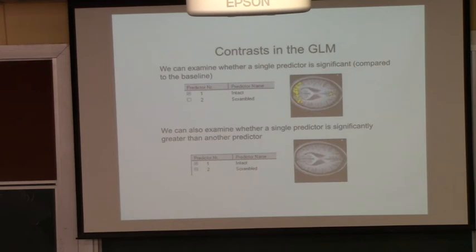So in the example of the visual stimuli I showed before, you can look at the contrast between the regression coefficients for intact versus scrambled image, and you might see some activity in visual cortex because visual cortex is going to respond to presentation of visual images. So you can do that relative to baseline. You can also do that relative to a different task condition. Right?